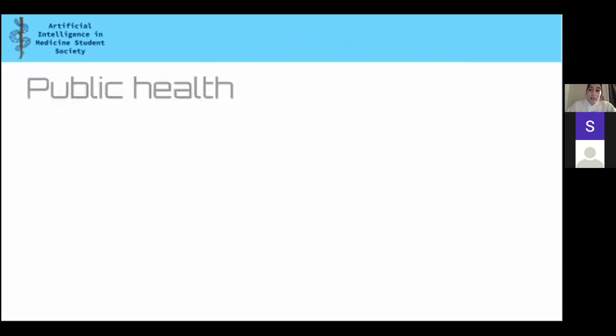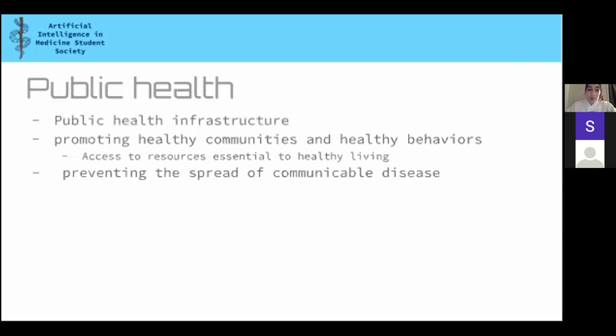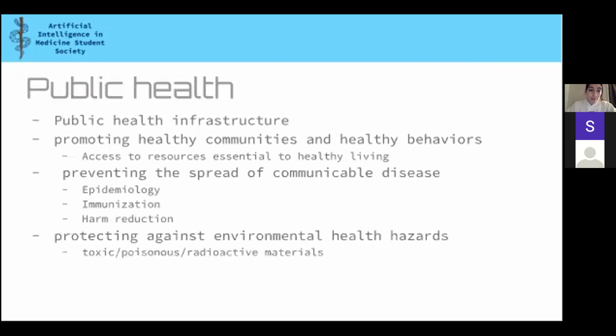So public health, this is our second last topic. It's a really big field, and unfortunately, I won't be spending too much time talking about it. But basically, public health deals with anything at the population level. So it's more than just controlling infectious diseases.